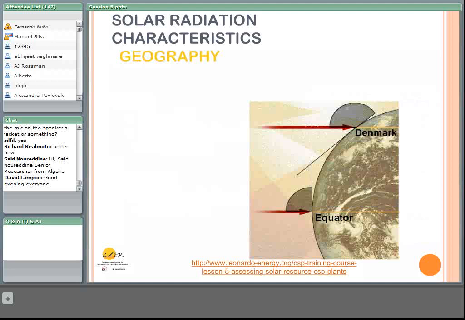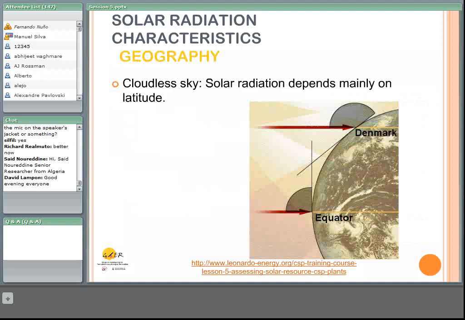Solar radiation depends clearly on latitude, mainly because of the optical path that the solar radiation has to travel through the atmosphere. Normally, the higher the latitude, the less solar radiation we have.